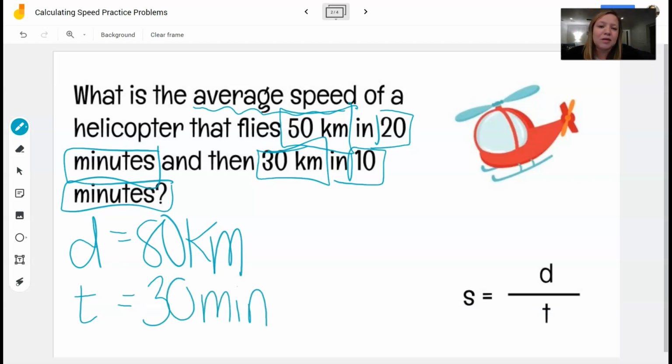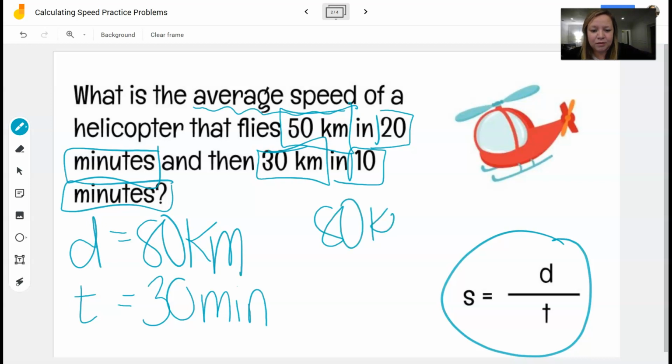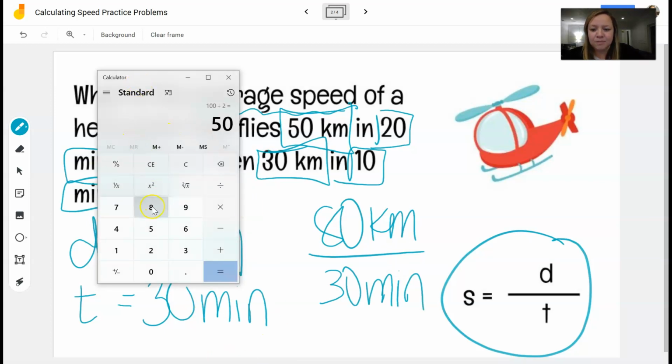Now I just plug in my numbers to my formula. Still have my formula here. So it's going to be 80 kilometers divided by 30 minutes. And we're going to get my calculator out here.